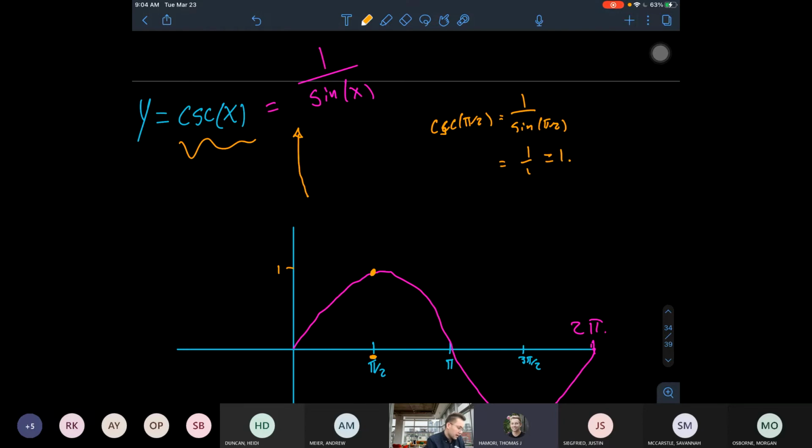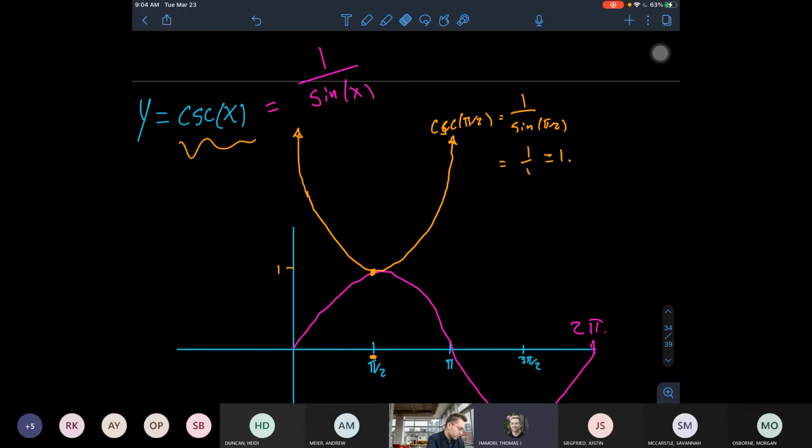And then again, as I go marching along my x-axis towards pi, the denominator is becoming very, very small and positive. So what's happening is I should imagine this thing comes down and reaches this minimum here, and then our denominator goes to 0, and we go up again.